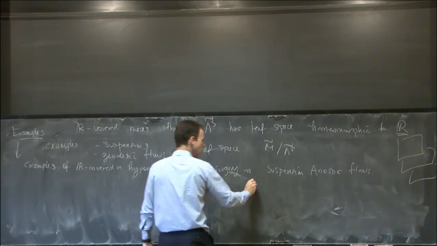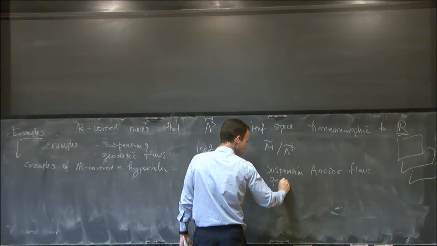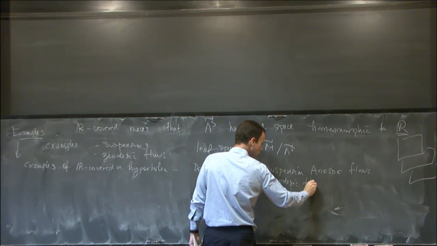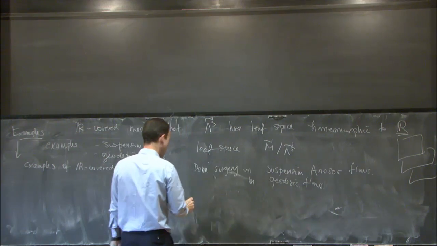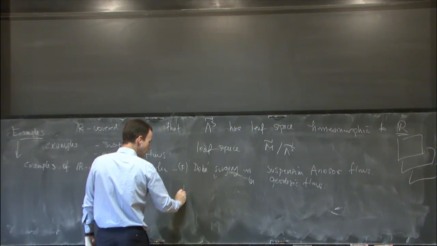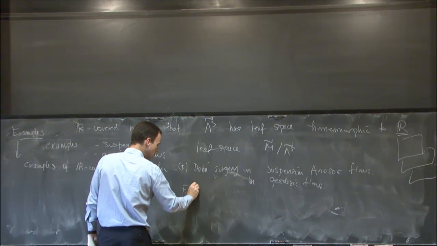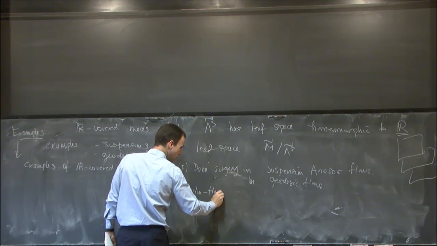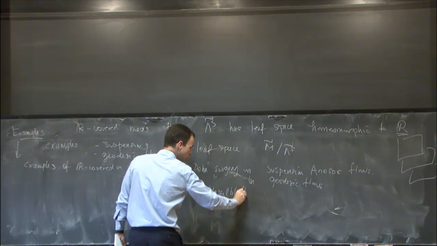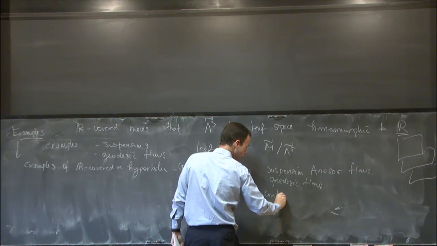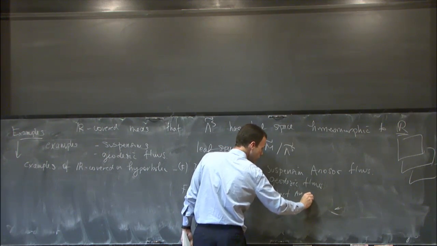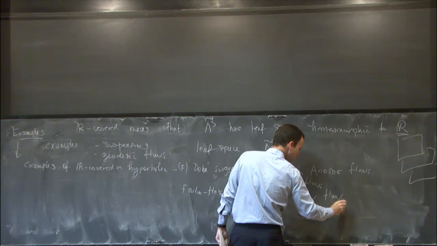Also Dehn surgery on geodesic flows, and I did this a long time ago. But also, like I said, Foulon and Hasselblatt, they produce some contact Anosov flows.